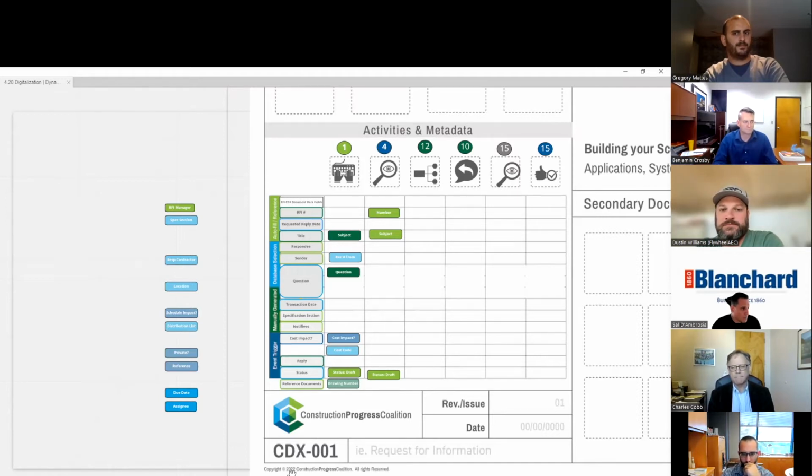A matrix like this is valuable within this process, but there's also a higher level matrix at the project level that all the stakeholders need to come to a certain amount of agreement on. That's something we hope to develop after we've brought everybody up to speed on this. Any of you have any comments or concerns, or level of detail we should add here about the activities and the metadata?